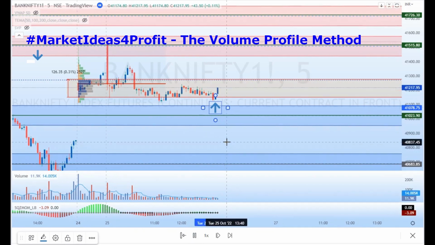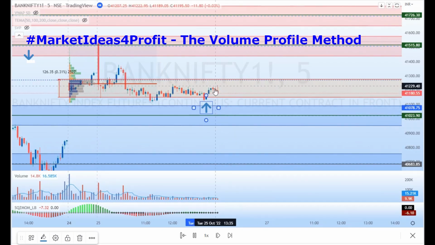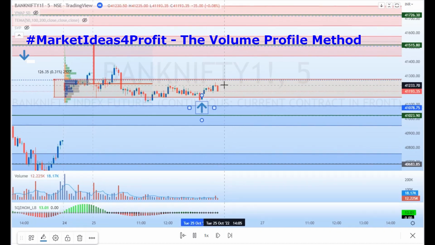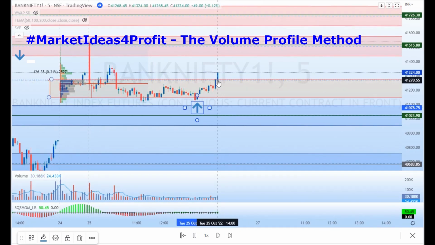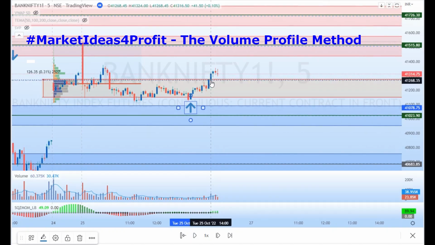We moved up, spent some time in the balance area, and then tagged our target in the 13:55 to 2 o'clock candle. So it took us 45 minutes to cross this 100-point level, and we would close our trade as soon as we cross the value area high.